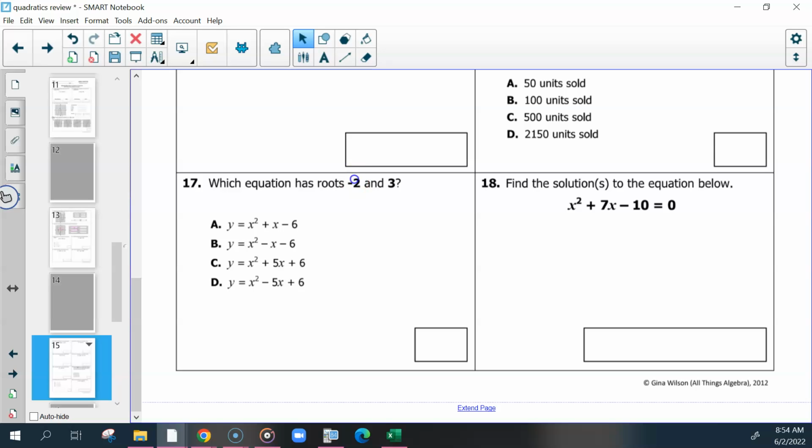It is asking which of these. Solutions, x-intercepts. Any other questions?